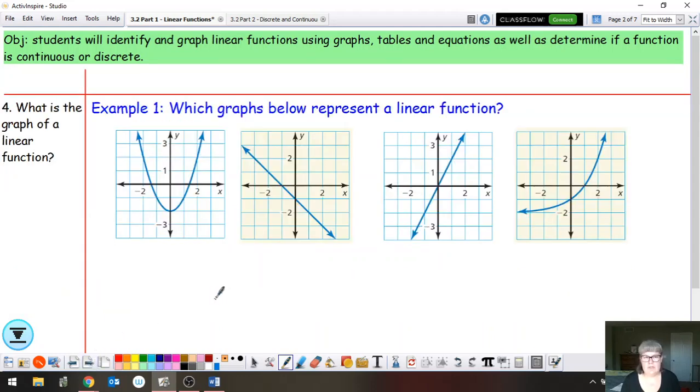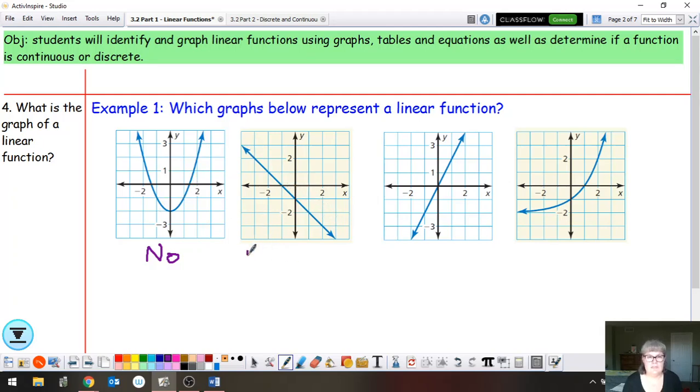So let's just take a look at some graphs. Which graphs below represent a linear function? Well, in order for it to be a linear function, the graph has to be a line. So if your graph has any sort of curve, like this first one does, this is not a linear function. In fact, this particular curve is called a parabola. Here we do have a line.